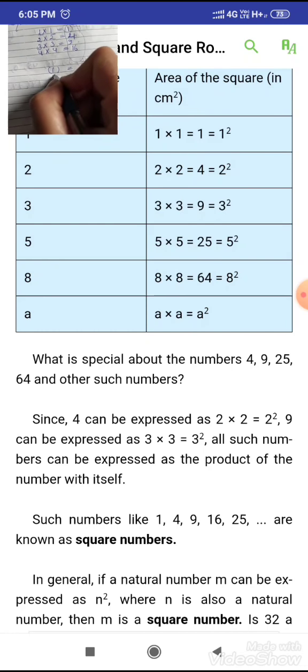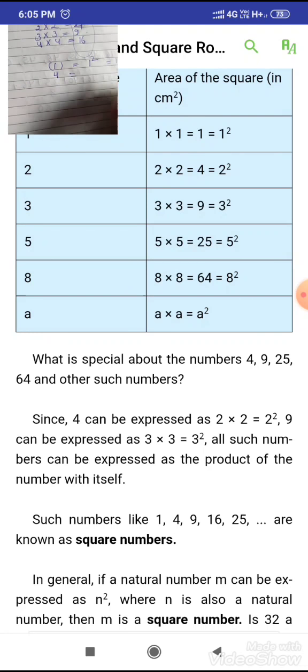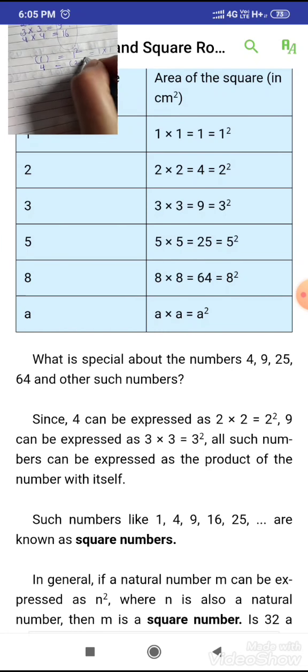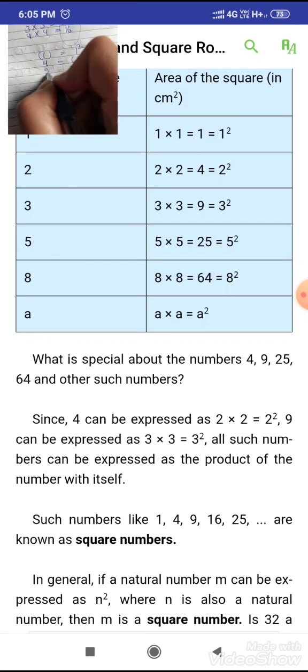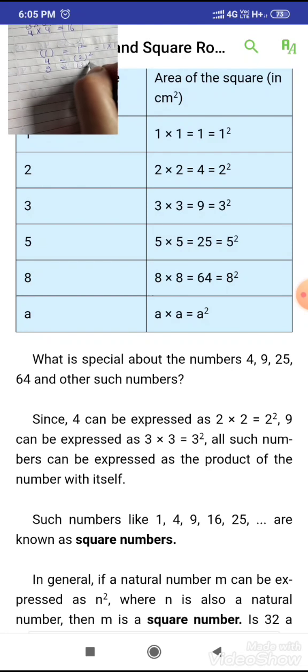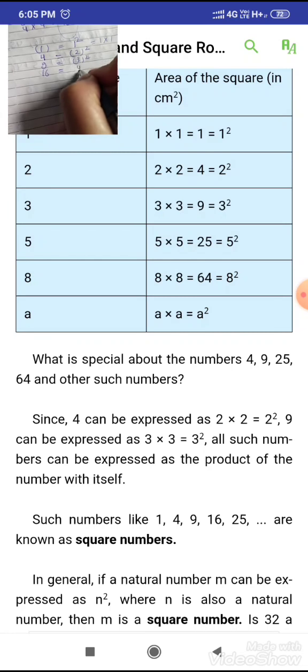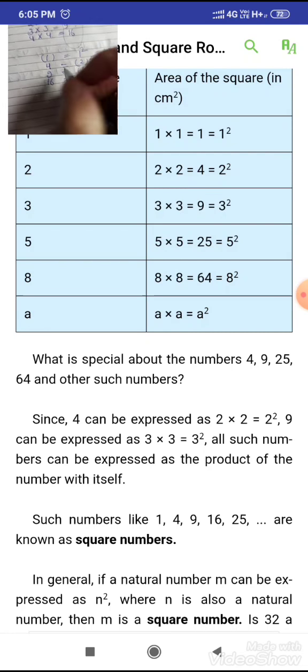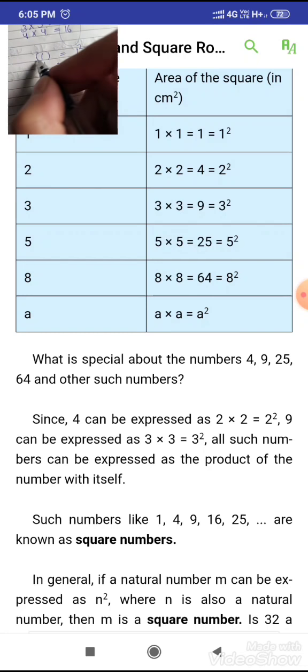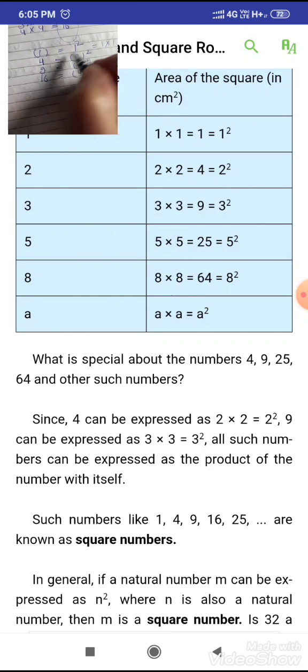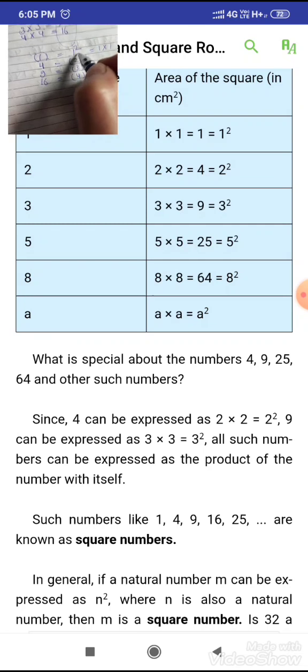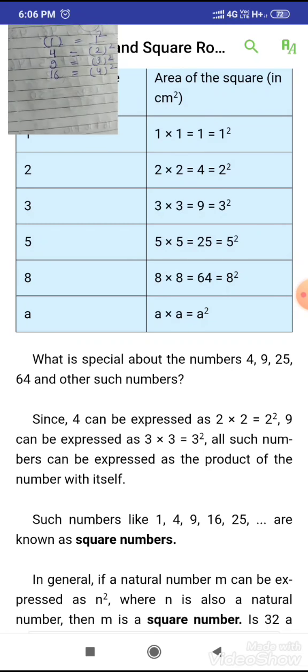We can express 4 as 2 square, 9 as 3 square, and 16 as 4 square. So all these numbers which are obtained by multiplying the same number twice are known as square numbers.